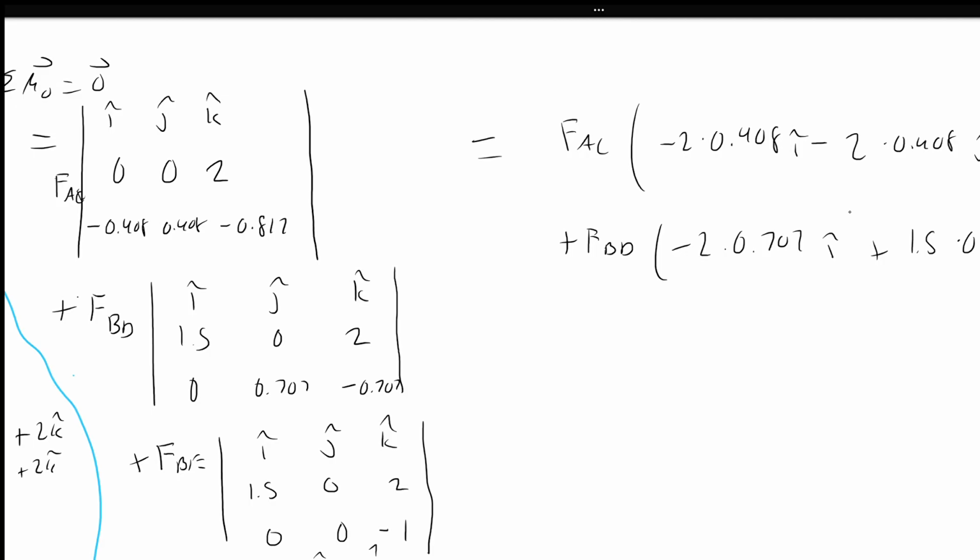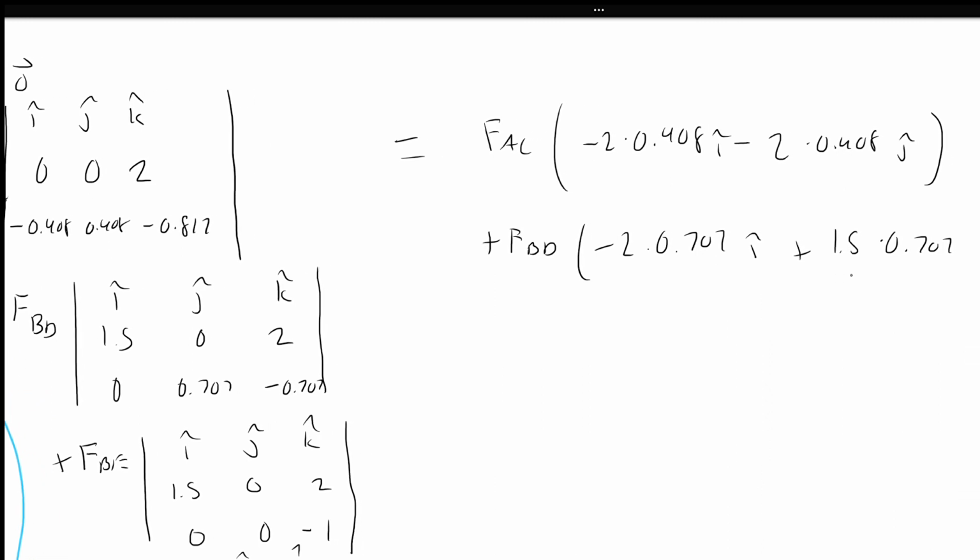Yeah. K hat. All right. So FBE. We have no I component because of the zeros, no K component either because of the zeros, so we'll only have a J. So J should be plus 1.5 J.